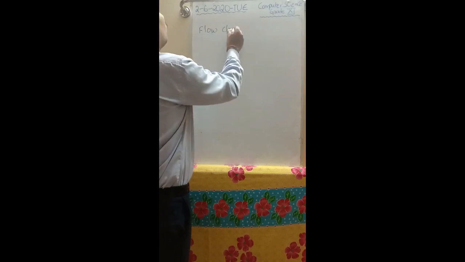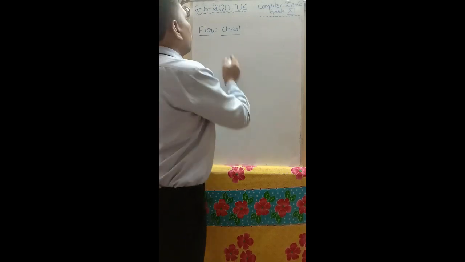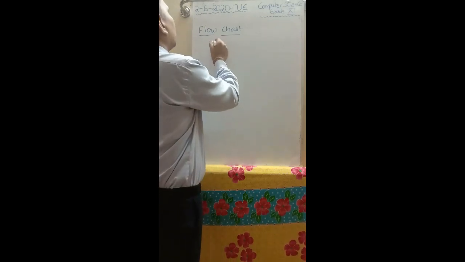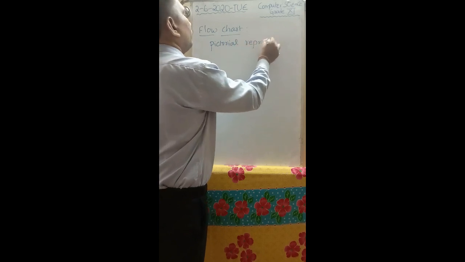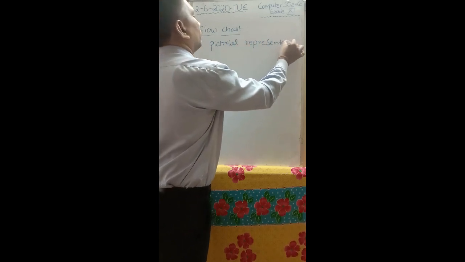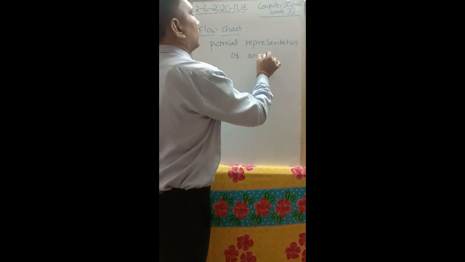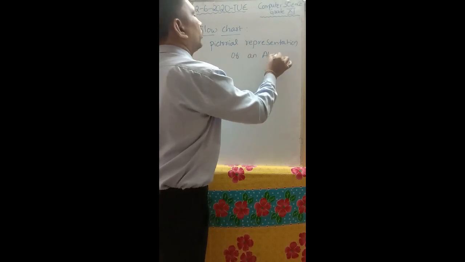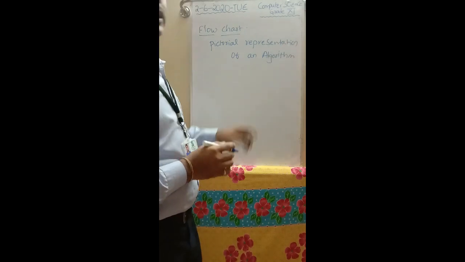Next, coming to flowchart. What is meant by flowchart? A flowchart is a pictorial representation of an algorithm. First we prepare an algorithm to solve a particular problem.